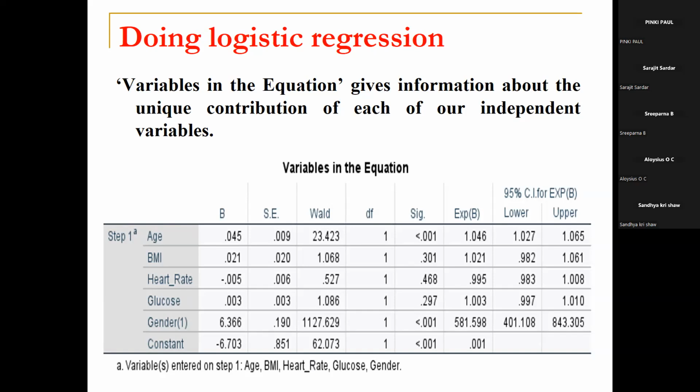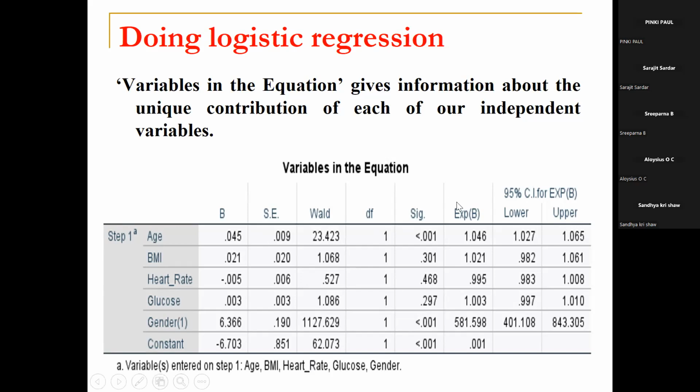Similarly, in logistic regression, the coefficient B is taken as the coefficient of the logistic regression equation. Here the value is 0.045. The age value is positive, so when the age increases, there is a chance of getting heart disease.